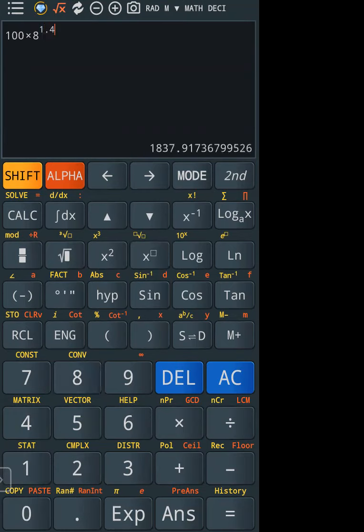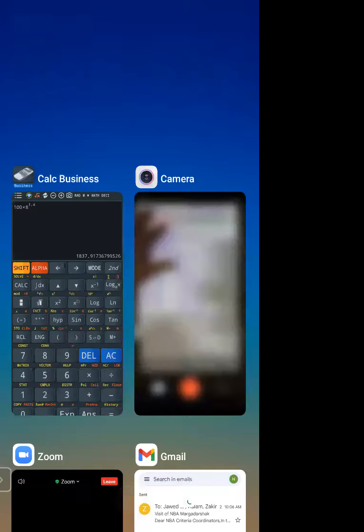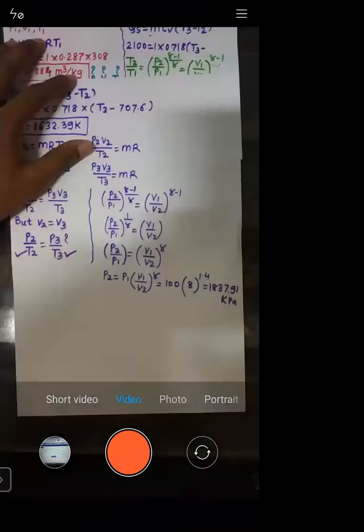So this is the value of pressure we got, 1837.91 kilopascal. Is that okay? So now we have P2.